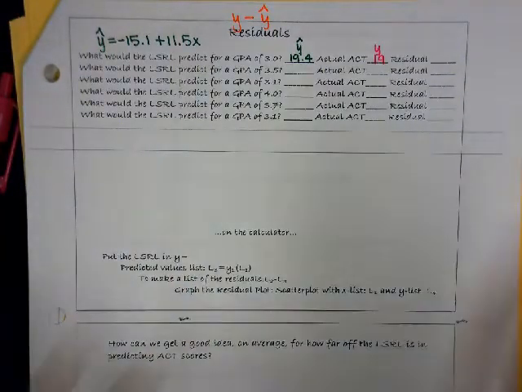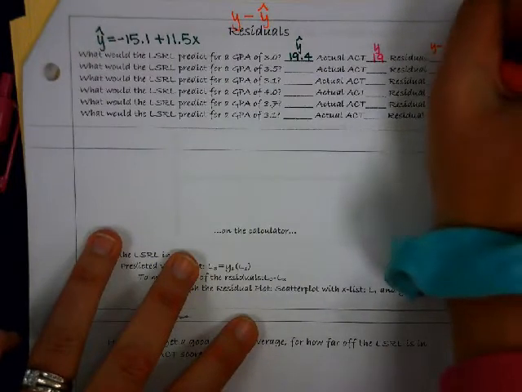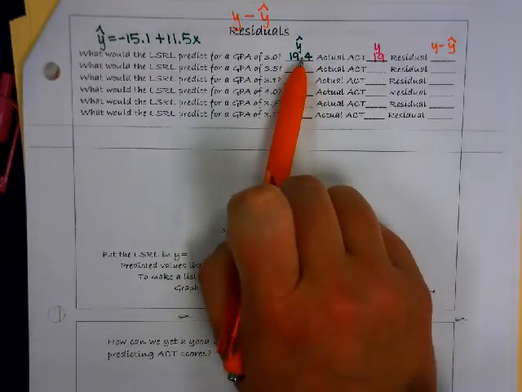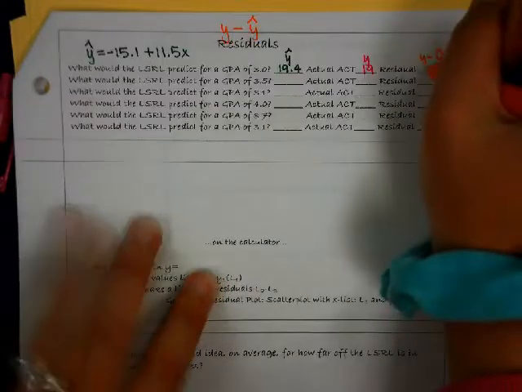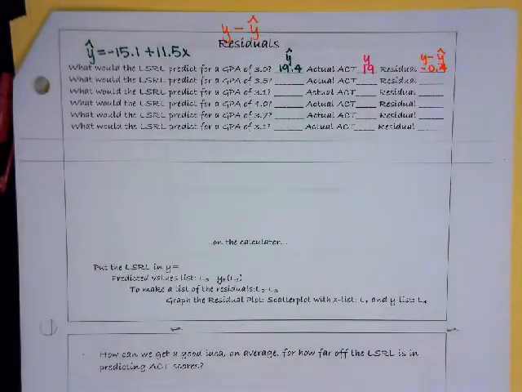So I would take 19 minus 19.4, which would give me negative 0.4 for the residual. Everybody good with how I filled in those 3 things? Negative 0.4, yes.